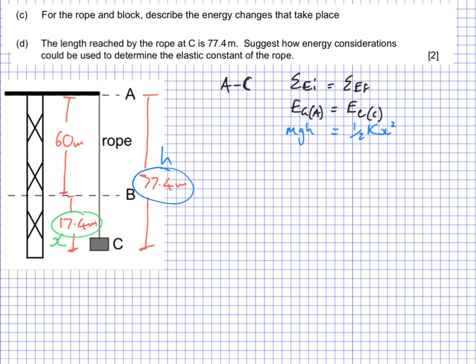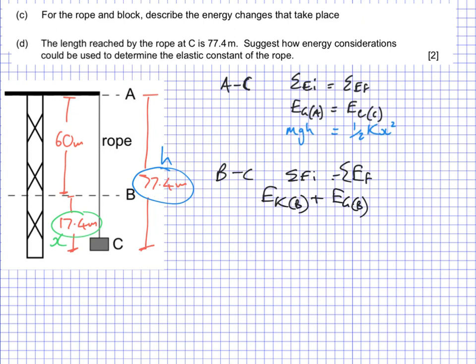The other way to think about it would be potentially from B, actually, from B to C. We could go B to C, and once again we would do our energy initial, energy final. This time we're at position B, so at position B there would be kinetic energy at B plus gravitational energy at B, right?